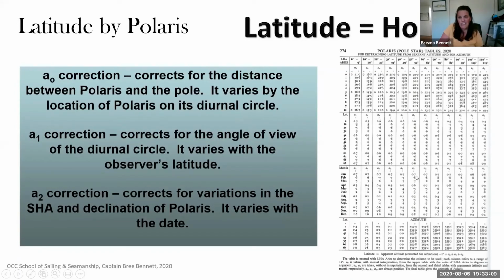Again, these are very, very small corrections, or differences between each of these. Here we have January, February, March, it's all the same correction. So again, you go by the month that you're in, but it's generally what you're going with.